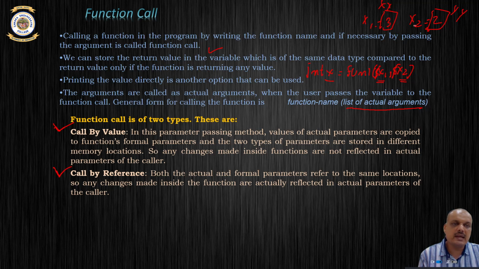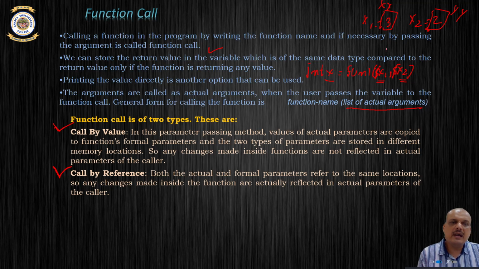You want to pass xx and yy, so that the function can take this memory address, look into it and get the value out of it. So that is how values are passed. We use the reference operator to pass the address of the variable, and hence this type of call is called call by reference.